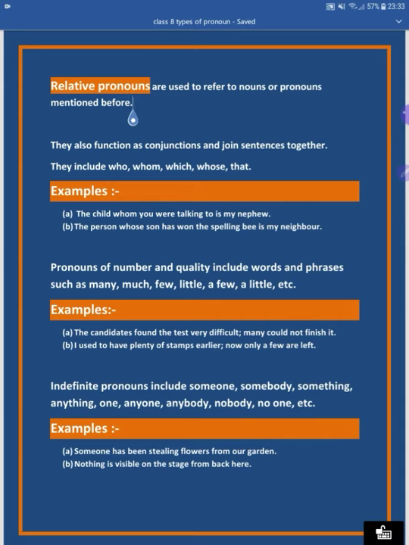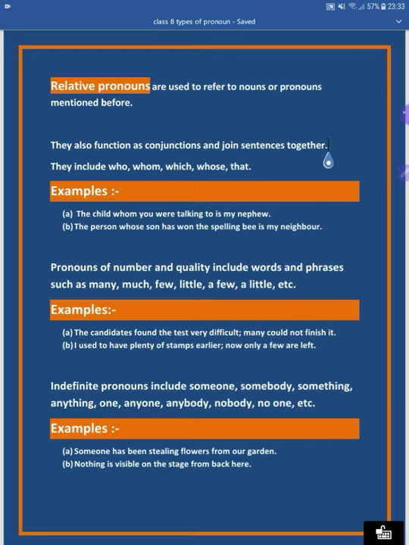Another thing you must know about this is they also function as conjunctions and join sentences together. So I think it will be very helpful for you. It will be something like a clue that you can understand about the relative pronouns very easily.